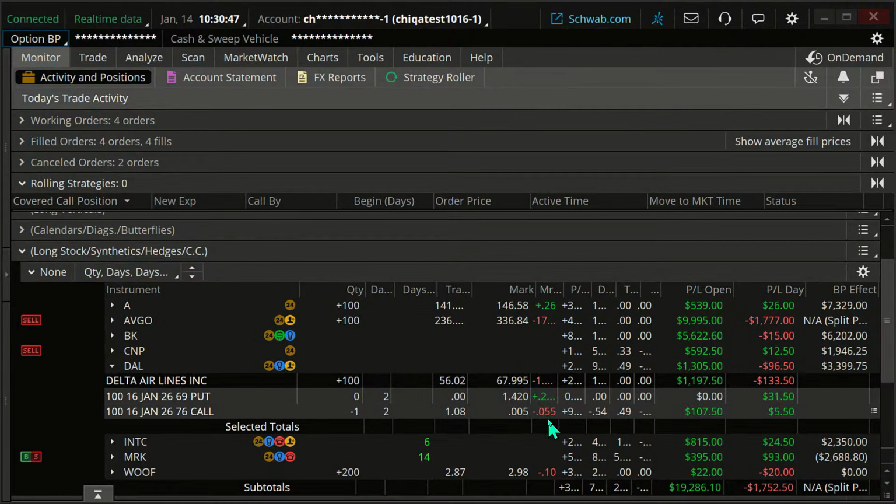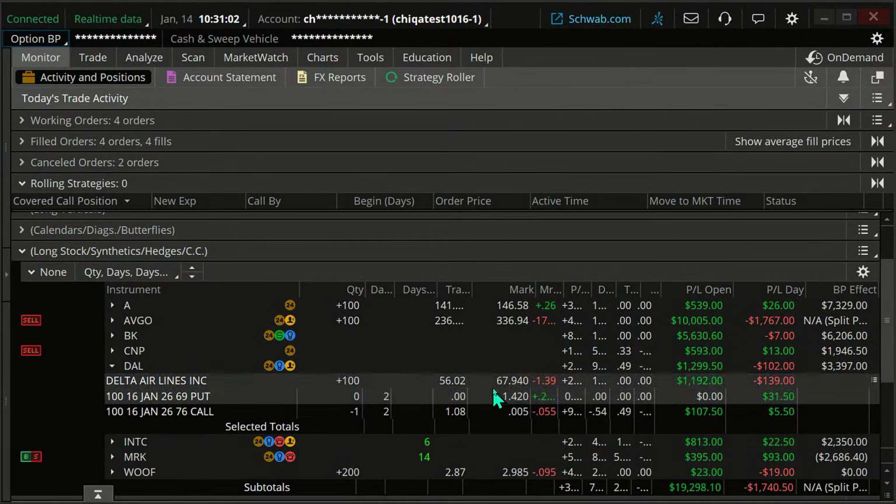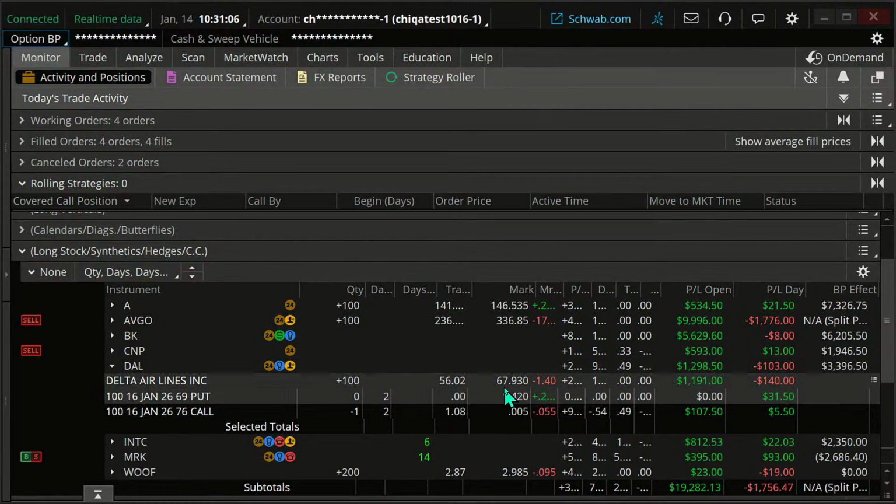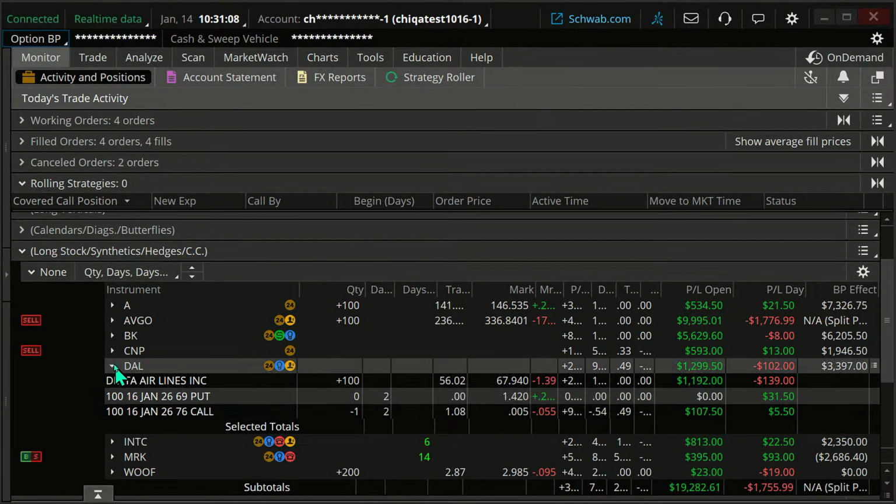Assuming it stays out of the money, it should expire worthless. Theoretically, it could be assigned. I welcome it if it were to be assigned, because that would mean somebody would be buying our Delta stock for $76, even though the current price is about $68. Okay, so we'll let that sit.